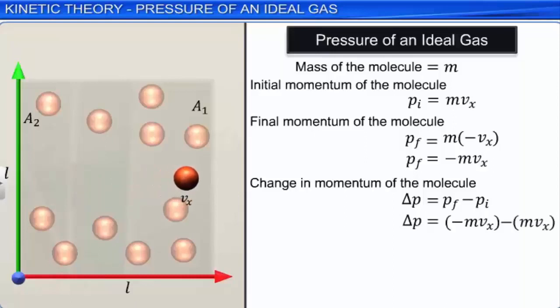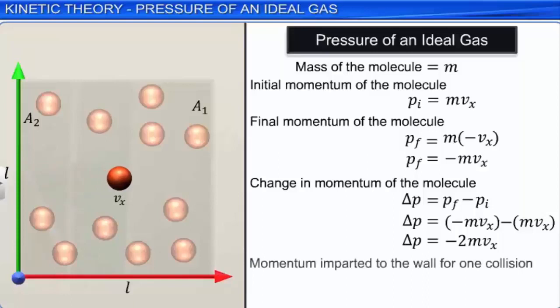Thus, delta P = minus 2mVx. As the collision is elastic and momentum remains conserved, the momentum imparted to the wall of the cube for one collision, delta P dash, is equal to 2mVx. Let this be equation 1.